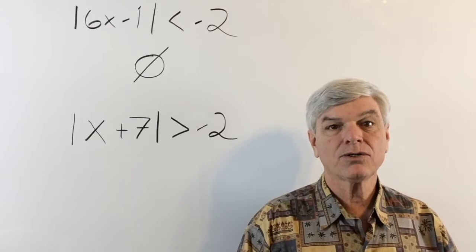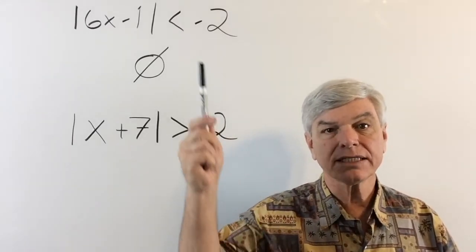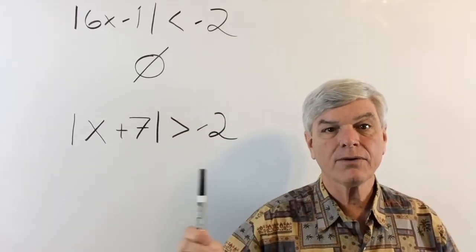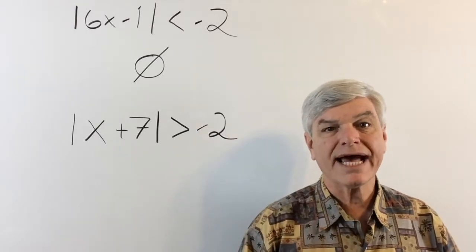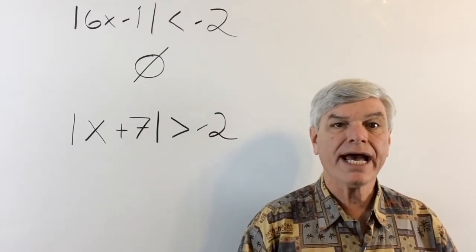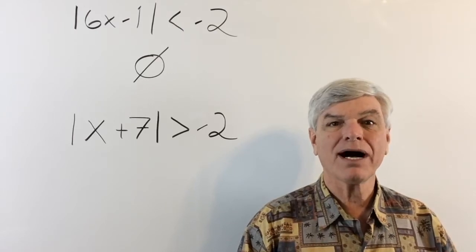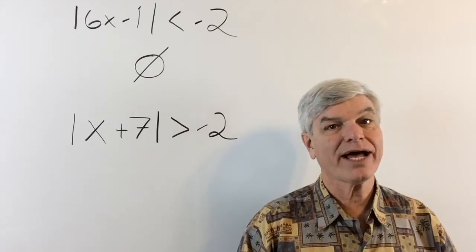So let's go to the second equation. Before we go to the second equation, both of these: this is less than -2, and this is greater than -2. You might have noticed that the absolute value that we had was always greater than or equal to a positive number in our previous examples. Well, let's see what happens when we have negative numbers.